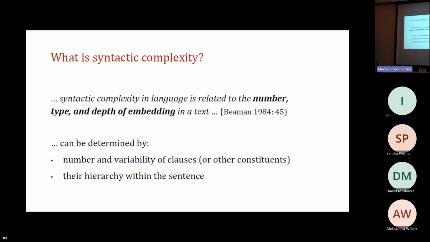So what is syntactic complexity? It is related to the number, type, and depth of embedding in a text. That's one quotation. So it can be determined by the number and variability of clauses or other constituents within a sentence, and their hierarchy, so how deeply they are embedded.